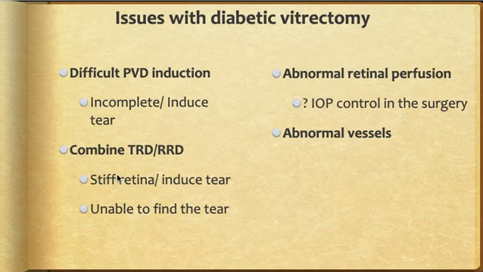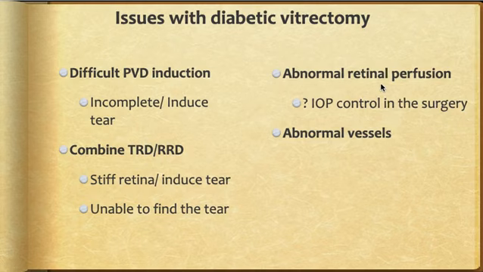Again, we may induce a tear, and it is not uncommon for us not to be able to find the tear. It does not follow Lincoff's rule. Usually the tear will be hidden underneath the fibrosis, or it might be hidden within the stiff retina.